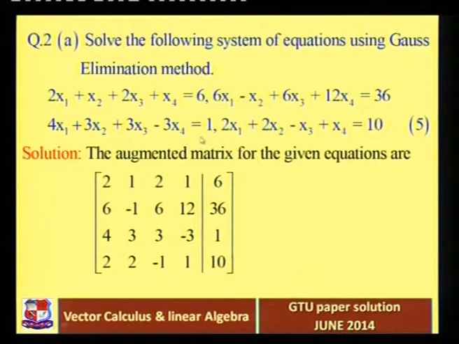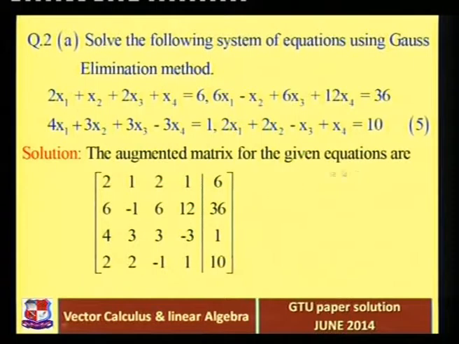Then the coefficients from the second equation are 6 minus 1 6 12. The coefficients from the third equation are 4 3 3 minus 3, so the third row is 4 3 3 minus 3. And the coefficients from the fourth equation are 2 2 minus 1 1. The constants are 6, 36, 1, 10.